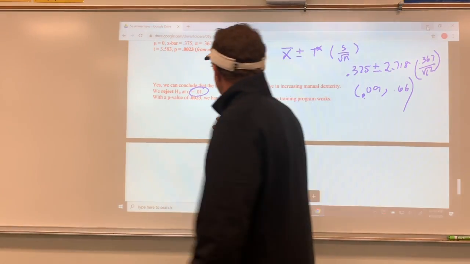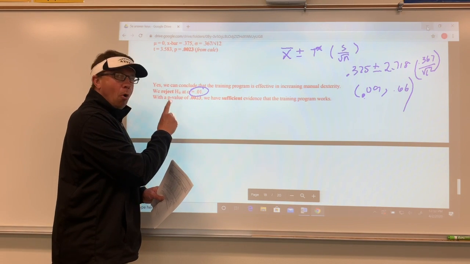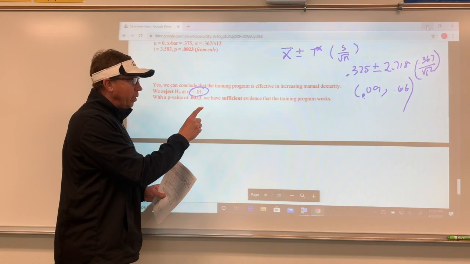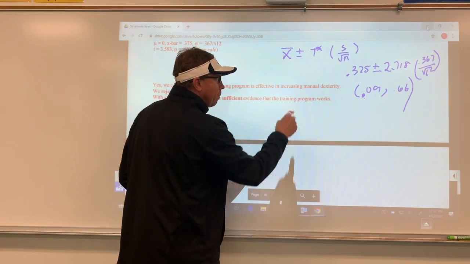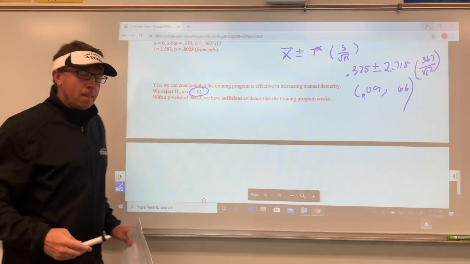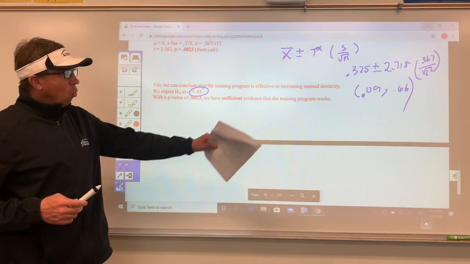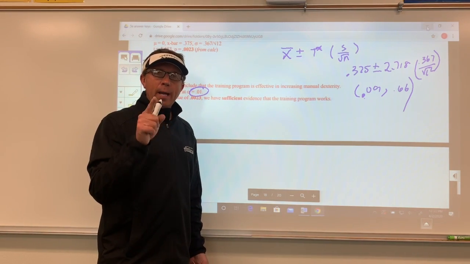How you would write it, you would say 0 is not in the interval. The whole interval is larger than 0. Therefore, we have sufficient evidence that the training program works. Okay, let's go on to the next problem. And again, with a reject H0, you are running the risk of a type 1 error.